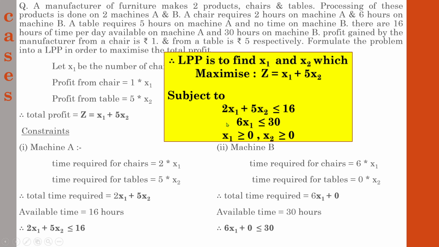Constraints are: one is 2x1 plus 5x2 less than or equal to 16, and 6x1 less than or equal to 30, because 6x1 plus 0 implies 6x1 less than or equal to 30. So within 16 hours you have this constraint, within 30 hours you have this constraint, and finally x1 greater than or equal to 0 and x2 greater than or equal to 0. This is a common step that will be followed in almost all cases. So this is the answer.